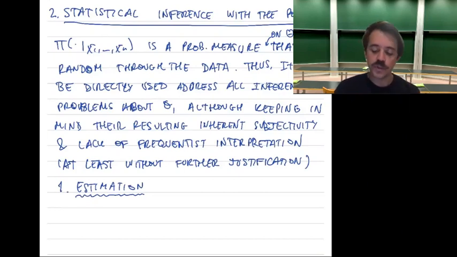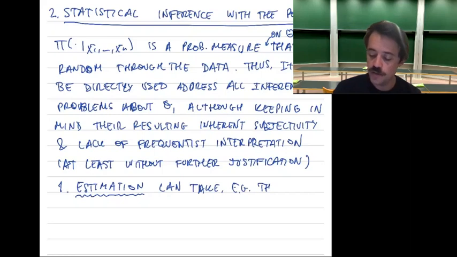And so we're taking a bit more of a frequentist point of view, but without trying to justify anything, at least yet.